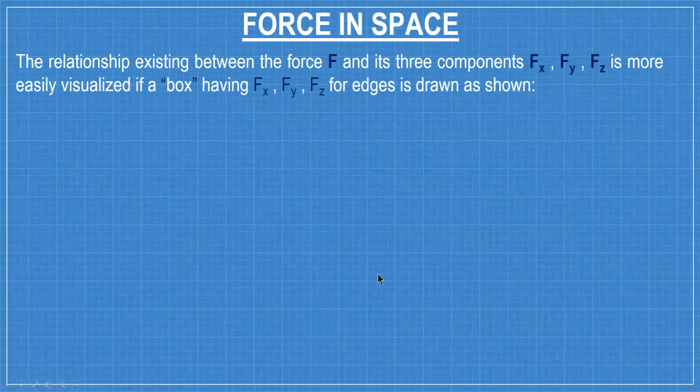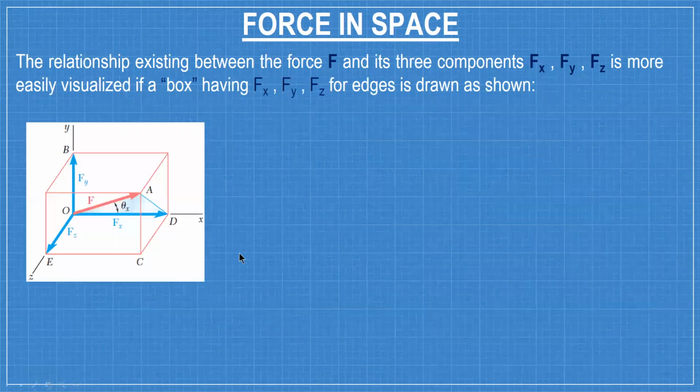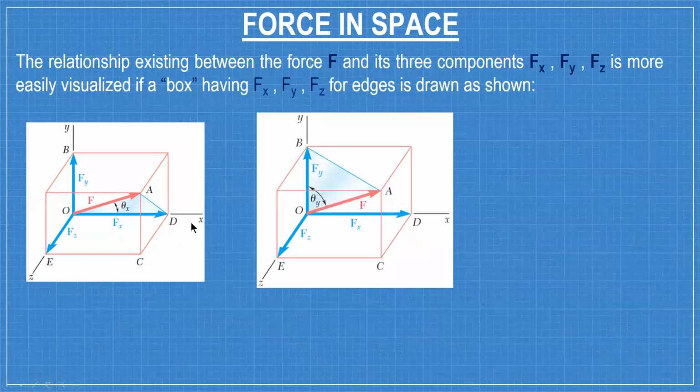The relationship existing between the force F and its three components, Fx, Fy, Fz, is more easily visualized if a box having Fx, Fy, Fz for edges is drawn as shown. To get the relationship between Fx, theta x, and F, consider this right triangle, where this is 90 degrees.